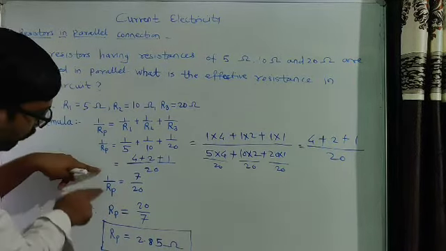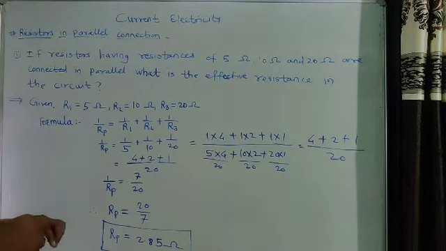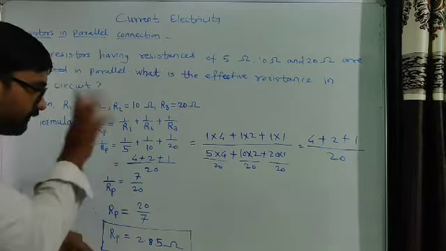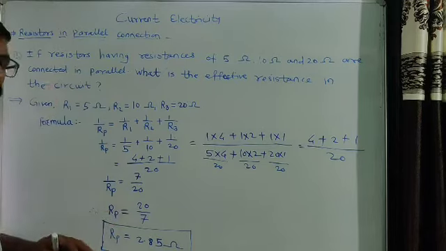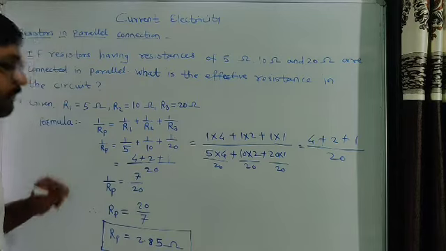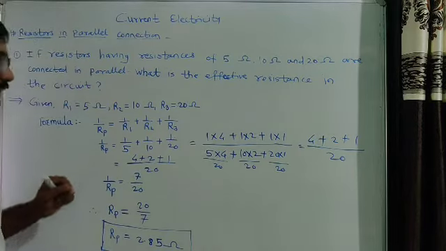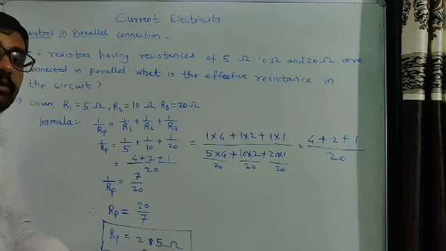Now we have to calculate Rp, but this is the value of 1 by Rp. So Rp will be equal to the reciprocal: 20 goes into the numerator. We change the numerator and denominator, so Rp is equal to 20 by 7. And 20 by 7 is 2.85 ohms.